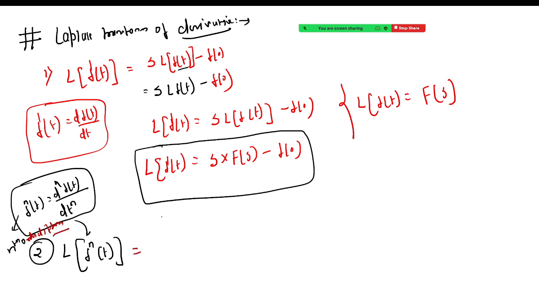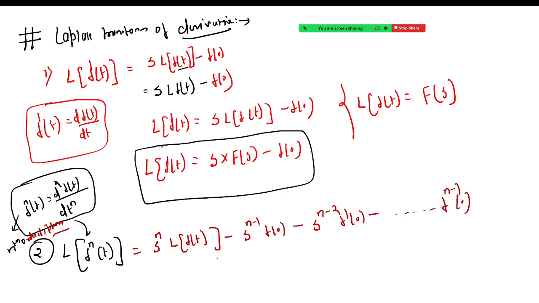So the value of the nth order differential is s to the power n Laplace of f(t) minus s to the power n minus 1 f(0) minus s to the power n minus 2 f dash 0 minus, and so on, up to f to the power n minus 1 of 0.